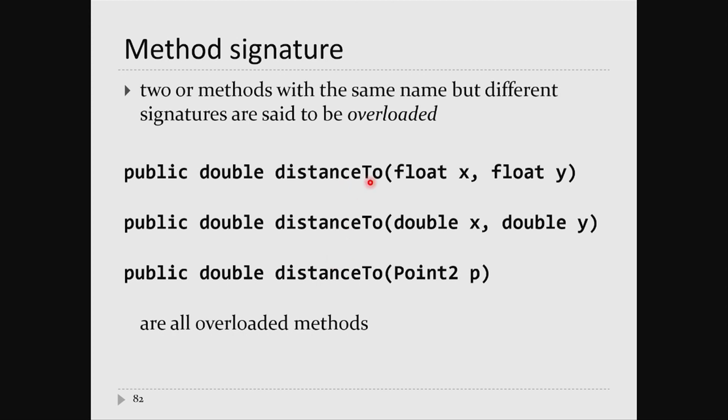This tells you the distance to another point whose coordinates are float values. This tells you the distance to another point whose coordinates are double values, and that tells you the distance to a point that's a Point2 object, P. Those are all fine because they all have different signatures. And we say that distance2 is an overloaded method. Same method name, different signatures.